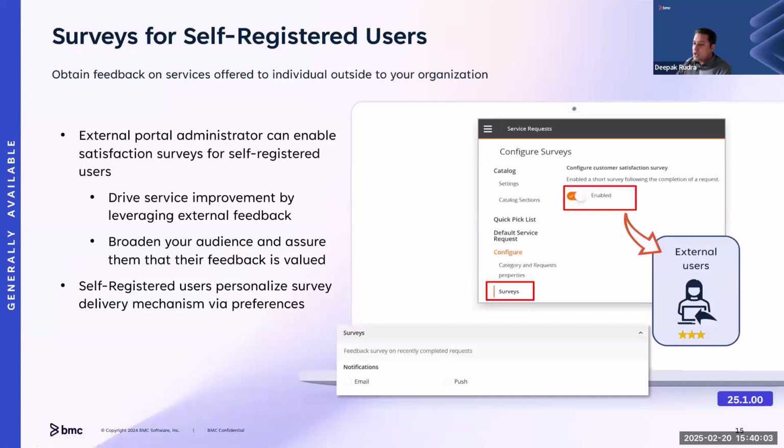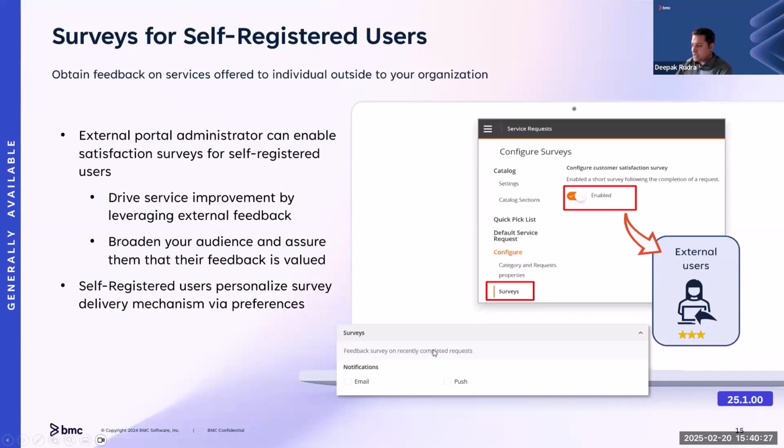Those of you who have the add-ons queue that we have for self-registered users, and those who are already migrating to the new service management queue, already know about the self-registration portal that we have. And we have had a lot of asks about surveys not being available for self-registered users, that we had no capability of sending this out to them.